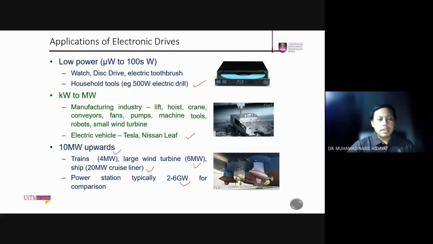Then you have the large applications, 10 megawatt upwards, usually for trains, large wind turbines, and ships. And for comparison, power station generators are usually 2 to 6 gigawatts.